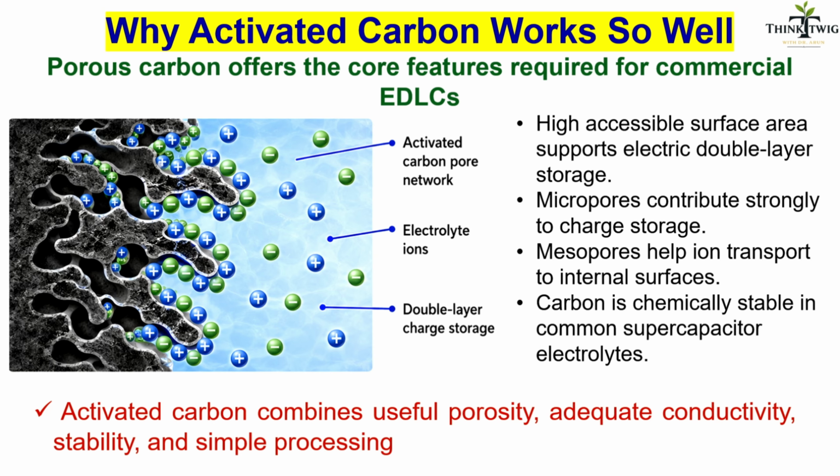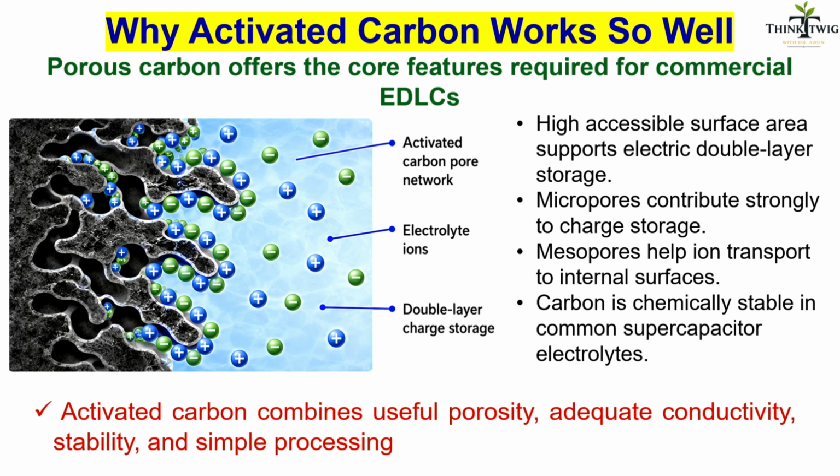Activated carbon also has adequate electronic conductivity for an EDLC electrode, and carbon is chemically stable in electrolytes commonly used for supercapacitors. And this stability becomes especially important during long-term cycling. Remember, an EDLC is expected to charge and discharge repeatedly.